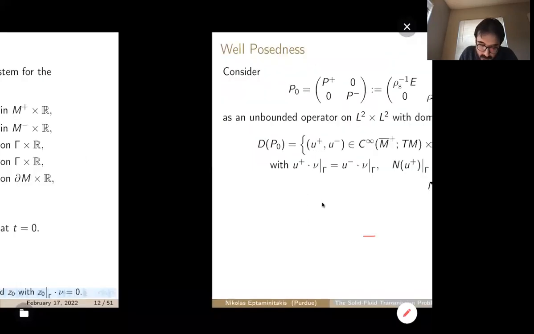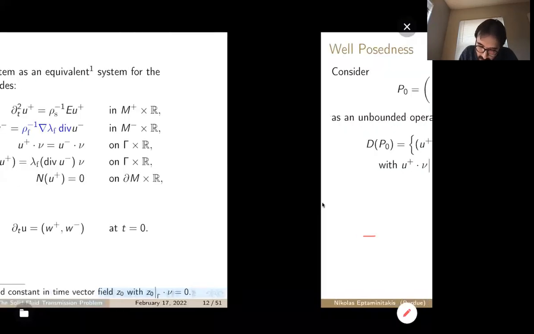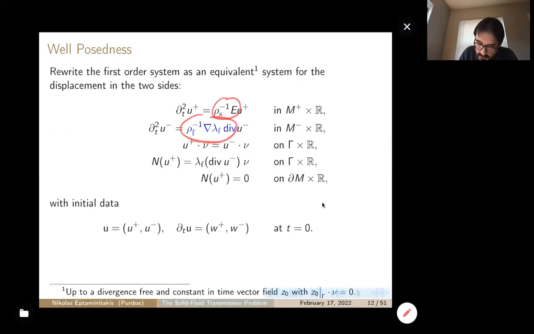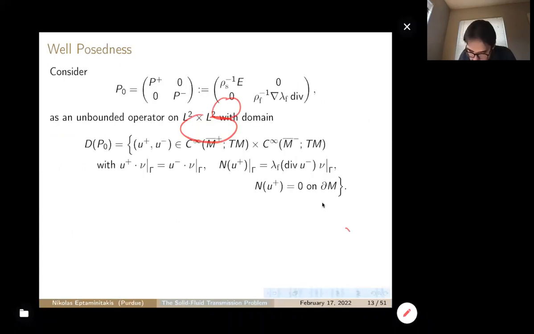Okay, so what we did is, we considered those two operators here, and we gave them the name P plus and P minus. We considered it as an unbounded operator on L2 cross L2, acting on smooth functions satisfying transmission conditions.